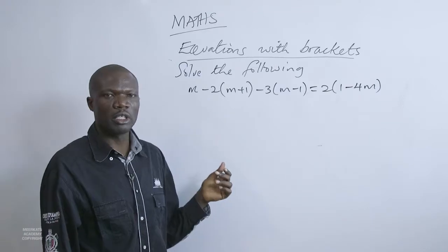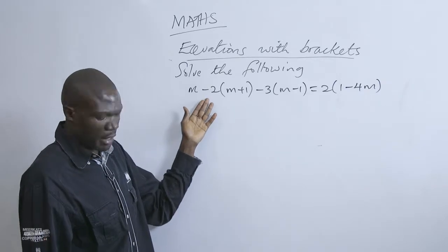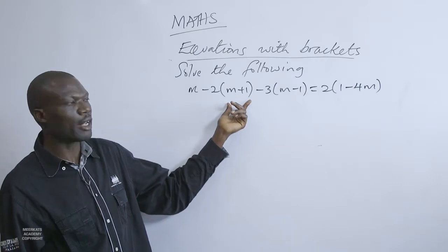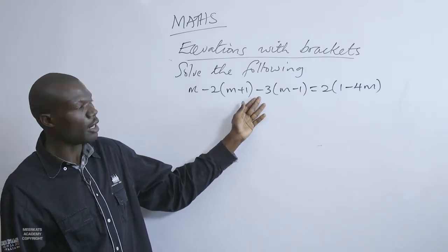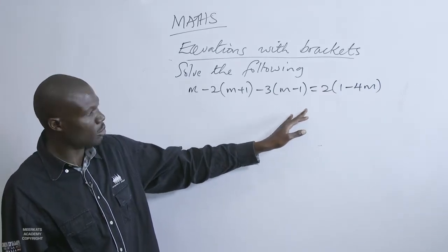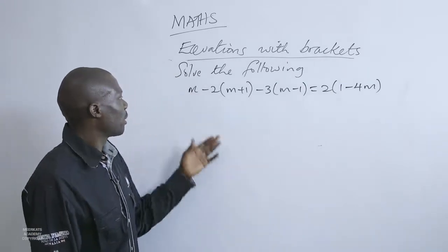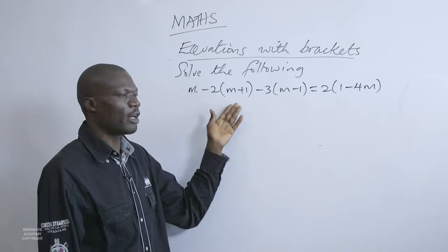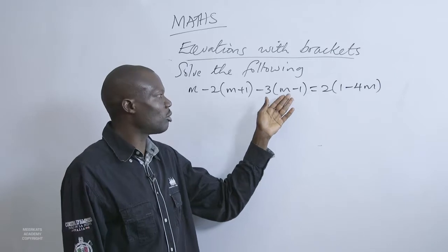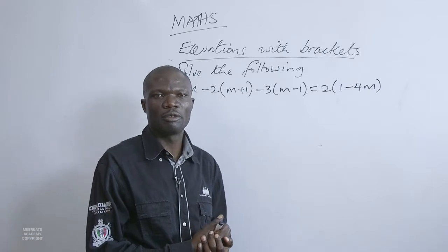Solve the equation m minus 2 in bracket m plus 1, minus 3 inside the bracket m minus 1, is equal to 2 in bracket 1 minus 4m.